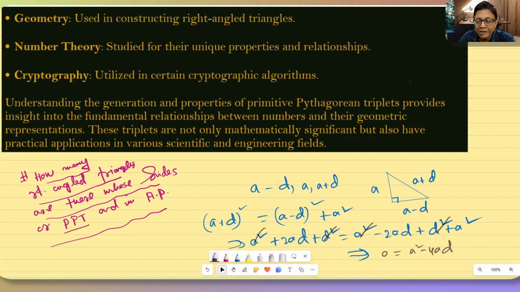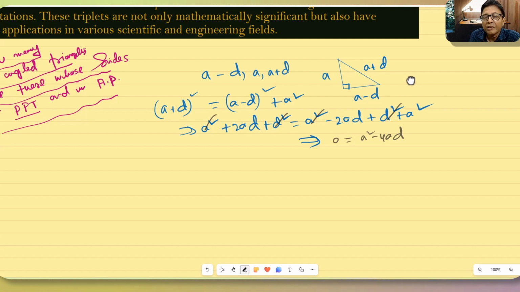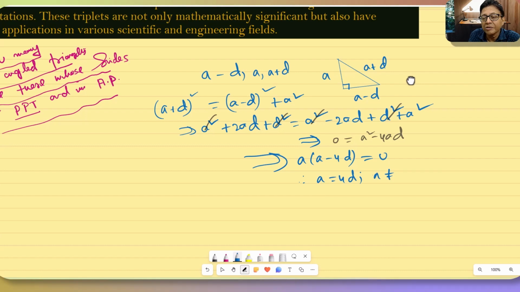Okay, so in this equation A square minus 4AD equal to 0, there are two options only. What are those options? This implies A into (A minus 4D) equal to 0. So A equal to 4D, A can't be equal to 0, the length of side becoming negative.